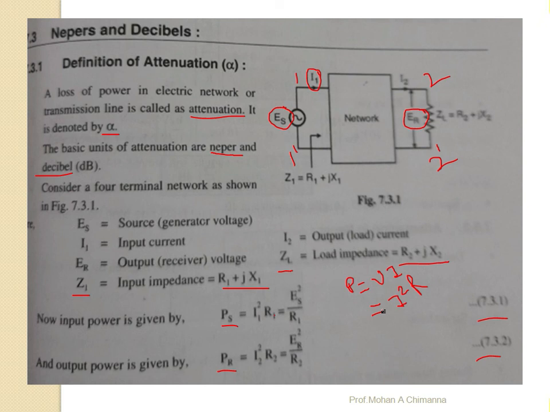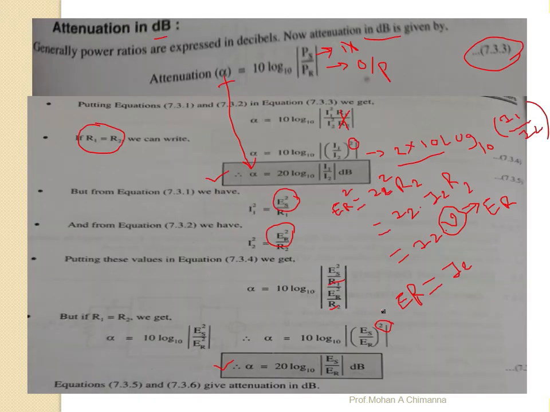Most students should go once more through the basic concept behind it: what the attenuation is, where it is used, and which unit is conventionally used there. It is the decibel unit, so more commonly we use the decibel unit.